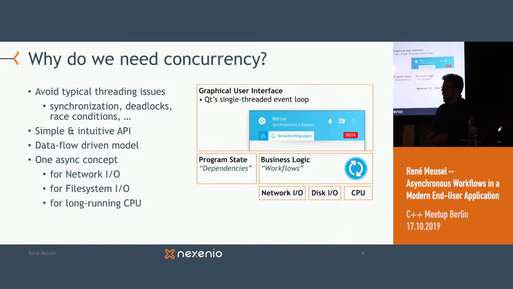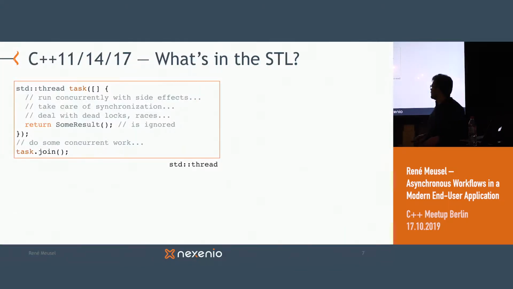So let's have a look at what C++ already offers us. We have std::thread in C++11, amazing. It is basically giving us a very thin layer on top of the platform-provided thread APIs. That's something, but it's really only that. Even if you return a value from the std::thread lambda you use to spawn a second operating system thread, this value is ignored.